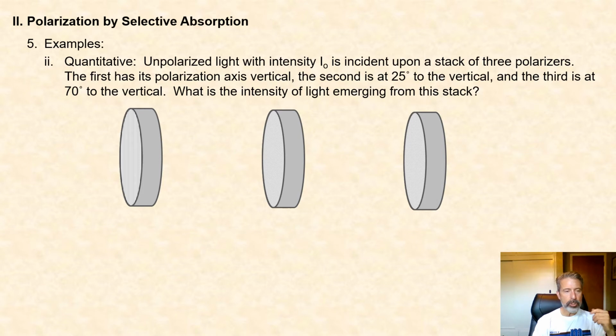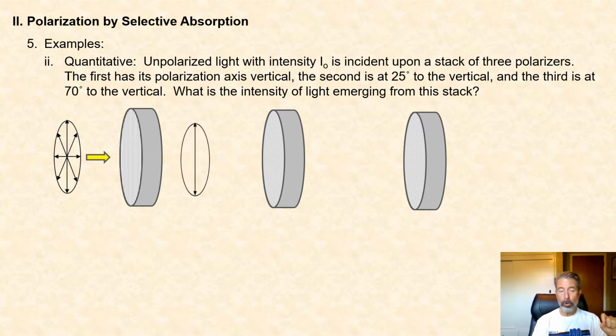So let's show what this is going to look like pictorially, before we apply the law of Malus. Here we have our unpolarized beam, which we let fall incident upon our first Polaroid filter, which remember we call a polarizer, which has the effect of taking unpolarized light and converting it into polarized light such that the direction of polarization will be that of the transmission axis of the Polaroid filter.